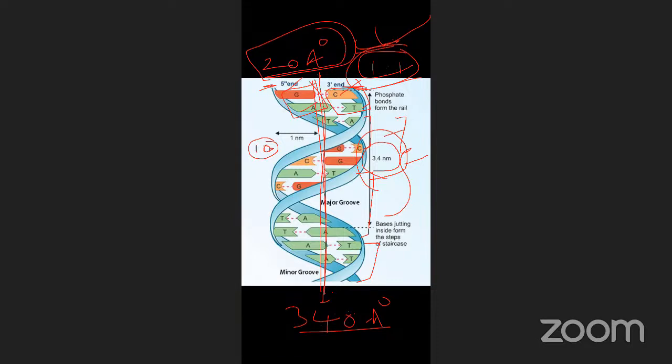34 angstrom length. In 34 angstrom length, how many nitrogen bases are present?